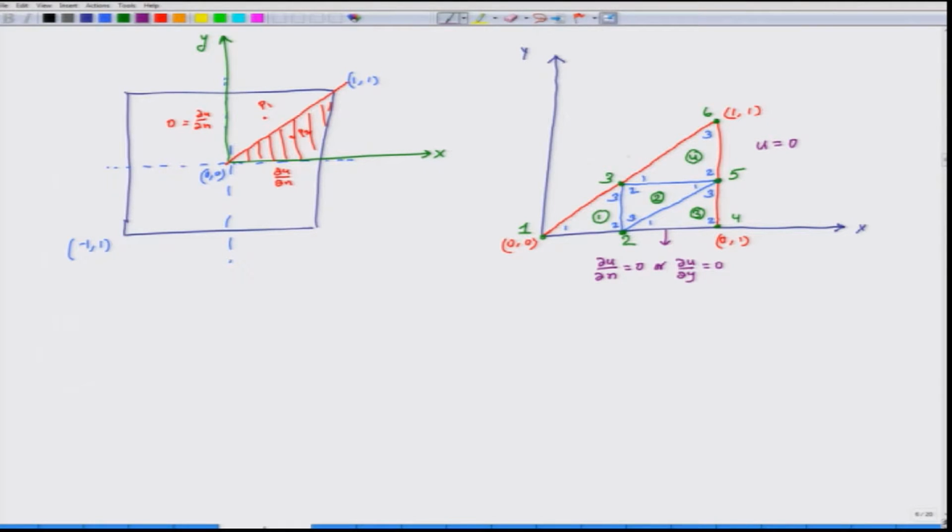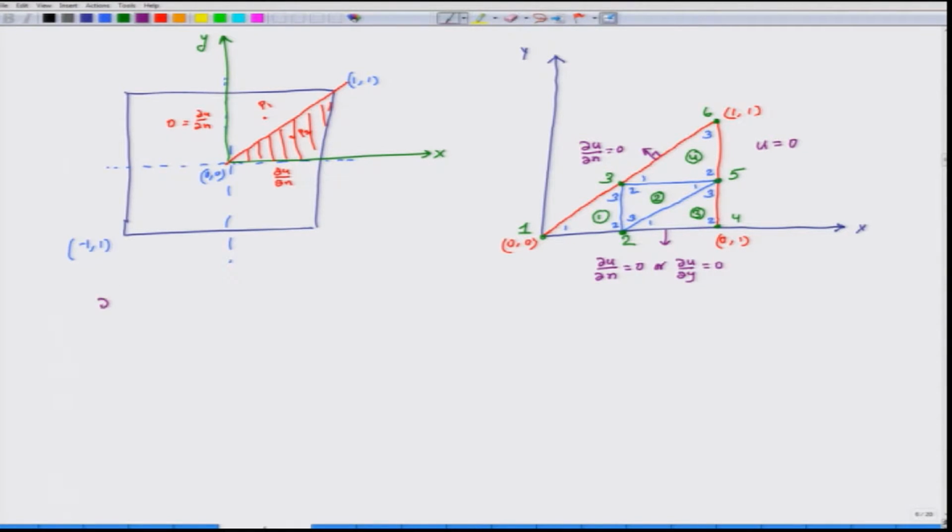Then what is the boundary condition on the edge 1, 6? It is still del u over del n equals 0, which means that the gradient of u in the direction normal to the edge is 0.